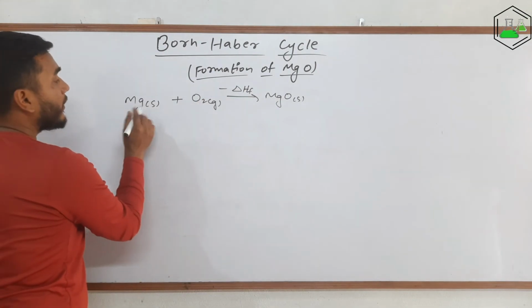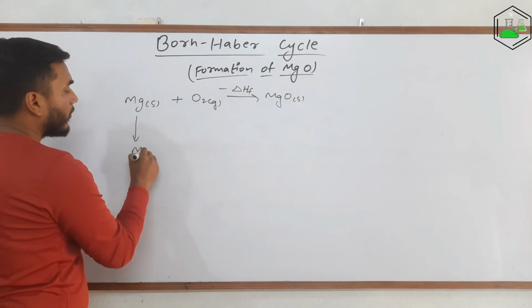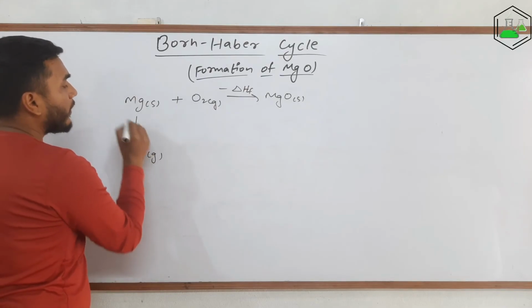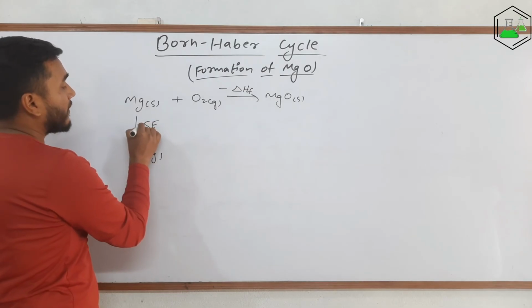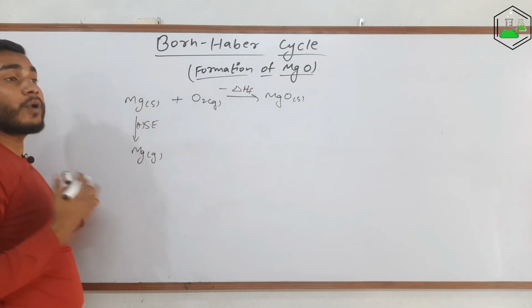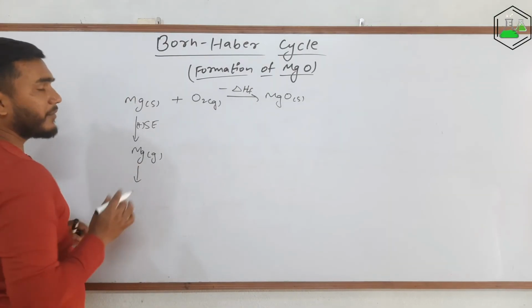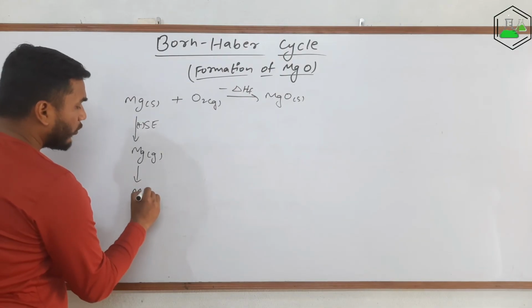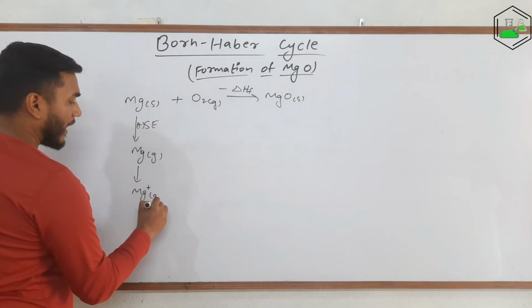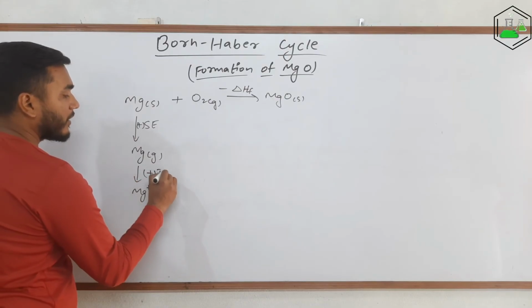Now this solid needs to be converted into gaseous first of all. To convert into magnesium gas, it will need some energy. That energy is sublimation energy, and the sign is plus because we are providing the energy to the system. Now again, this magnesium needs to convert into the ionic form, so it will lose one electron to convert into Mg plus, and for that it will need some energy, that is ionization energy 1.